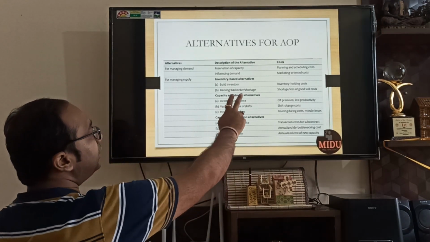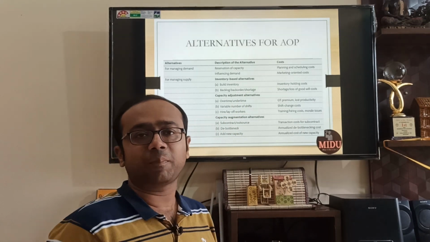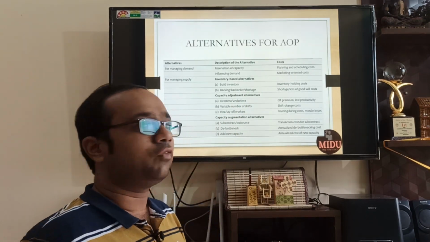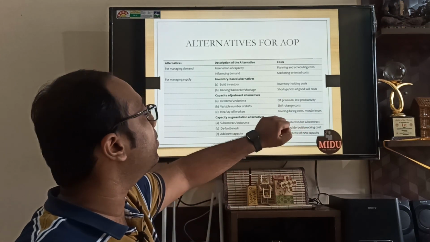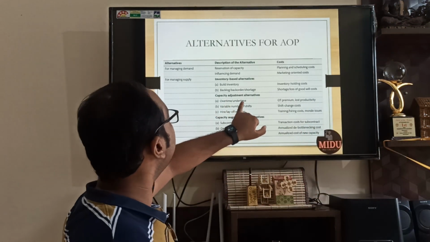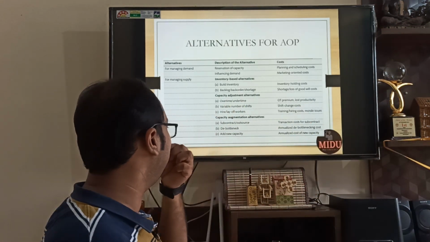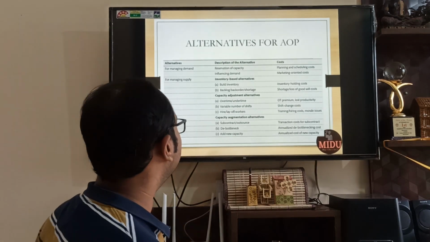Second, capacity adjustment. First is overtime and undertime. For example, if you need more capacity, you ask your workers to do overtime, but in this case you have to pay overtime premium, in the form of some extra wages. In case of undertime, you are losing out on productivity. While the worker should ideally work 8 hours, you are asking him to work for 5 hours.